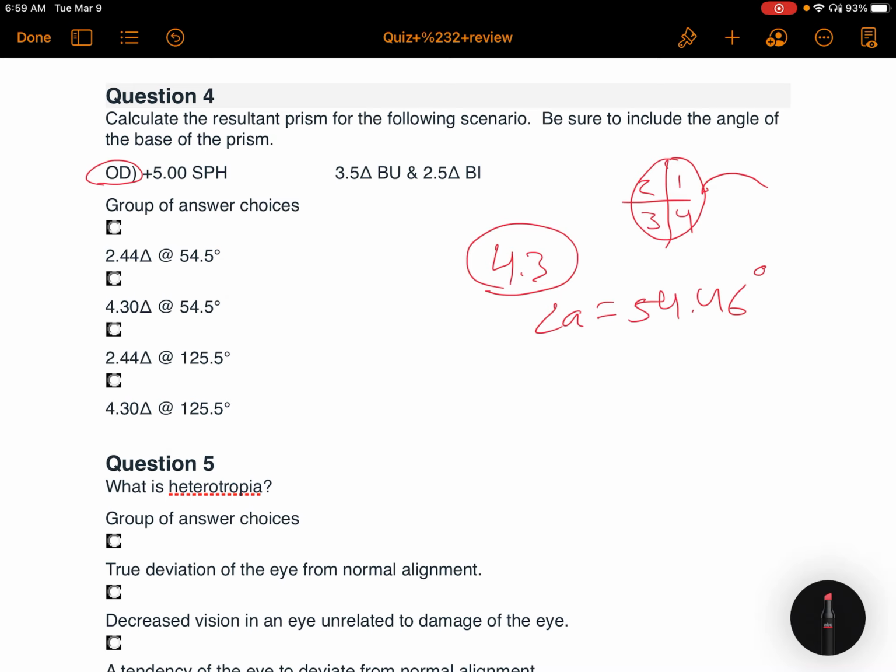However, we need to apply it to the proper quadrant. So which quadrant are we in? On the right eye, up and in. Up and in puts us in quadrant 1. Quadrant 1, we actually leave that angle A alone. So that will be our answer. So 54.5 is the closest to that, and 4.3. So that's our answer for question 4.